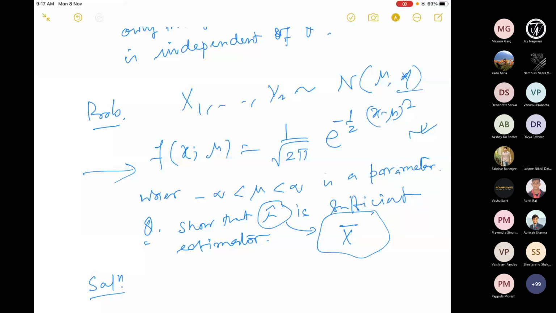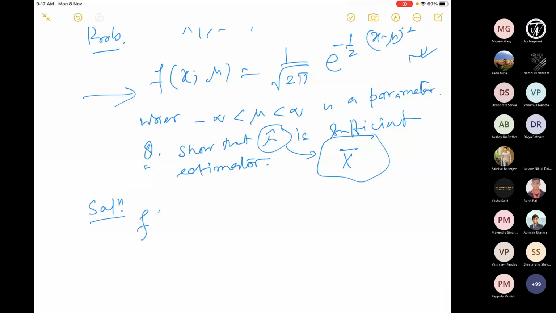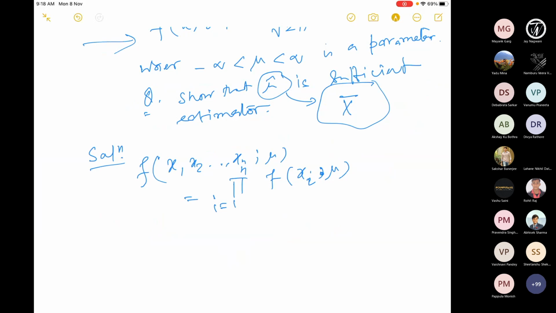Now, let us first check that this is actually a sufficient statistic, a sufficient estimator, using the factorization. Here the parameter is mu. So the joint distribution of x1, x2, ..., xn given mu is the product over i equal to 1 to n of f of xi given mu, which is the product of 1 by square root of 2 pi e to the power minus half (xi minus mu) whole square.